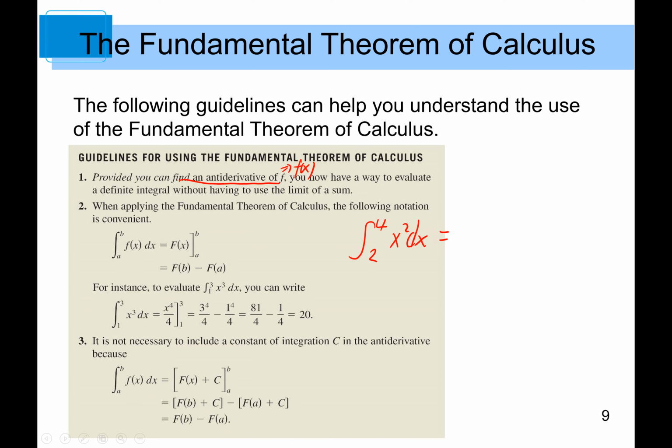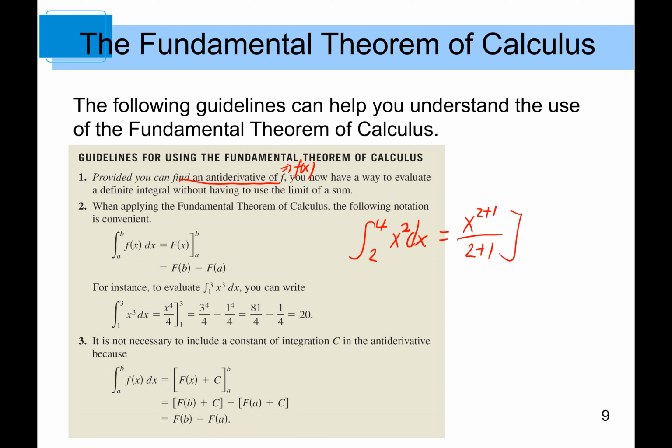This is the standard notation for using the fundamental theorem of calculus. So first of all, find the antiderivative, and right here we're going to use the general power rule, adding 1 to the exponent, and the new exponent becomes the denominator. Then we omit c. Eventually we're going to cancel c, right? I'll just show you the previous slide.